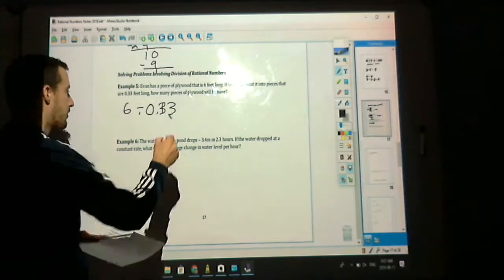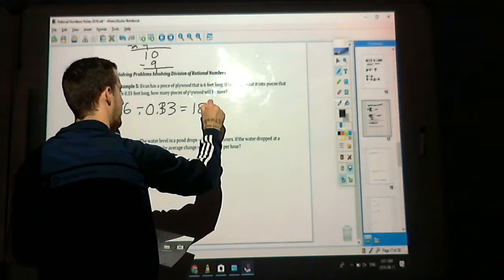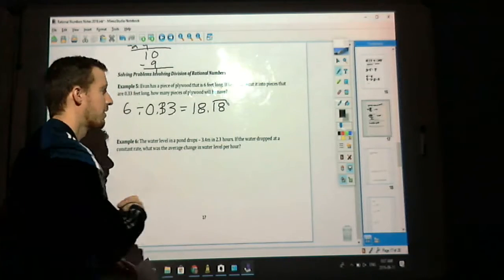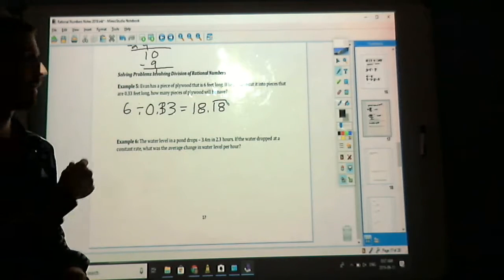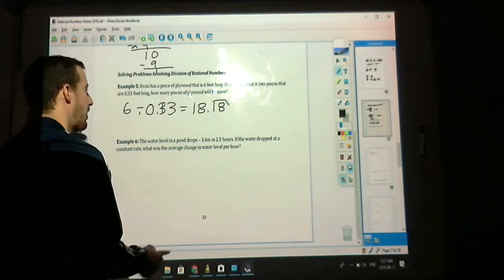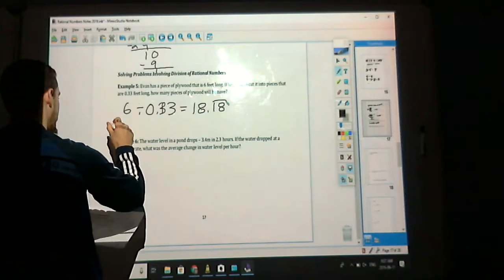Okay, so if we plug that into the calculator, we end up with 18.18 repeat. Okay, so it's 18.18, 18. Say that 18 times fast, you'll probably get tongue-tied. All right, so then we can solve this by answering it in a word problem, right?